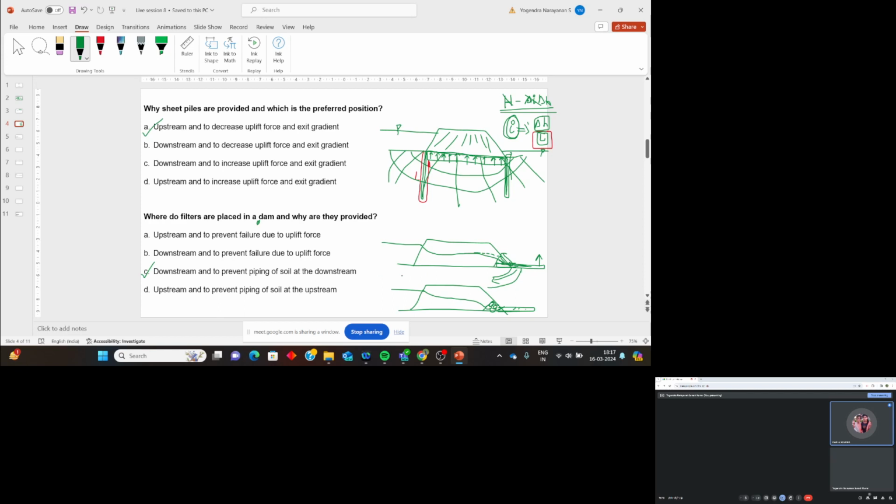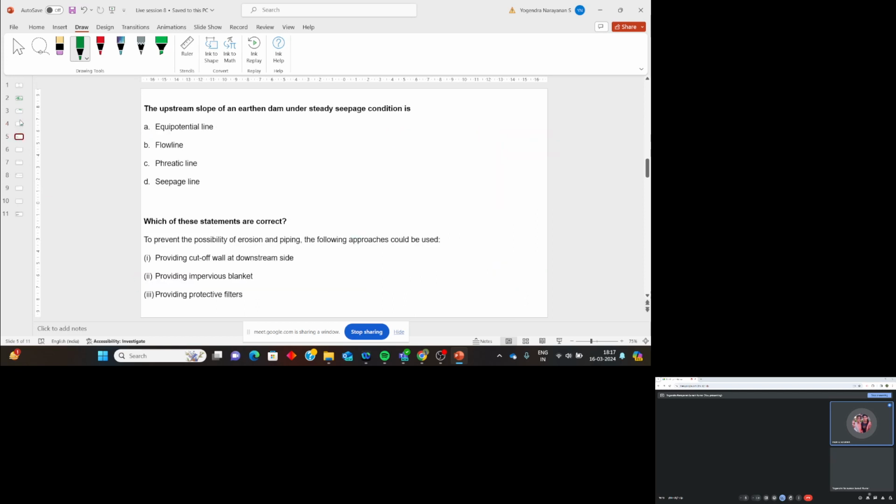That is why filters are provided. This is also a type of piping failure, so filters are provided at the downstream end to prevent piping. So option C is right. Are you clear now? Yes, sir.